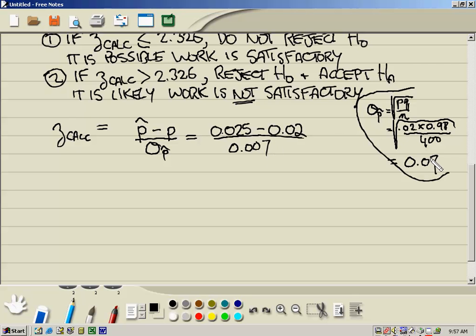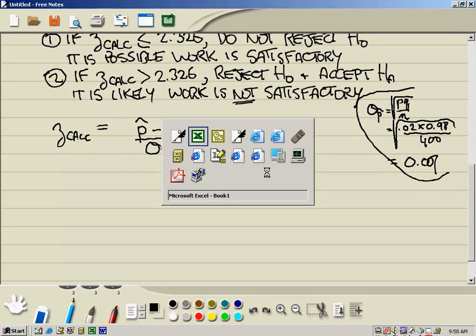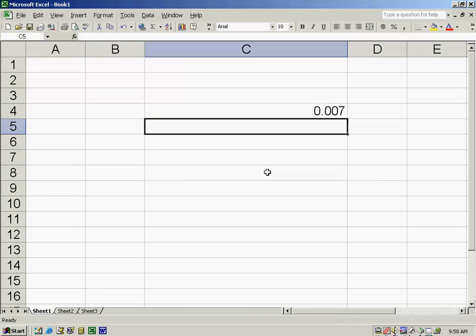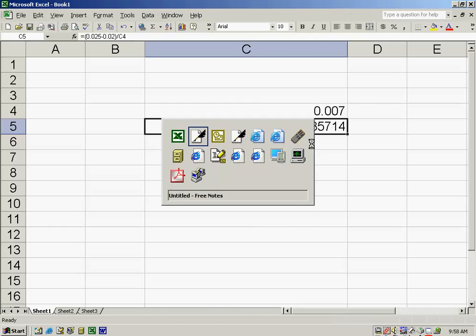I have it written wrong over here right now, it's 0.007. So the calculated z value equals, parentheses for the top line, 0.025 minus 0.02, close parentheses, divided by 0.007. And we really don't need 4 significant places here, but for 4 significant places, that's 7143.